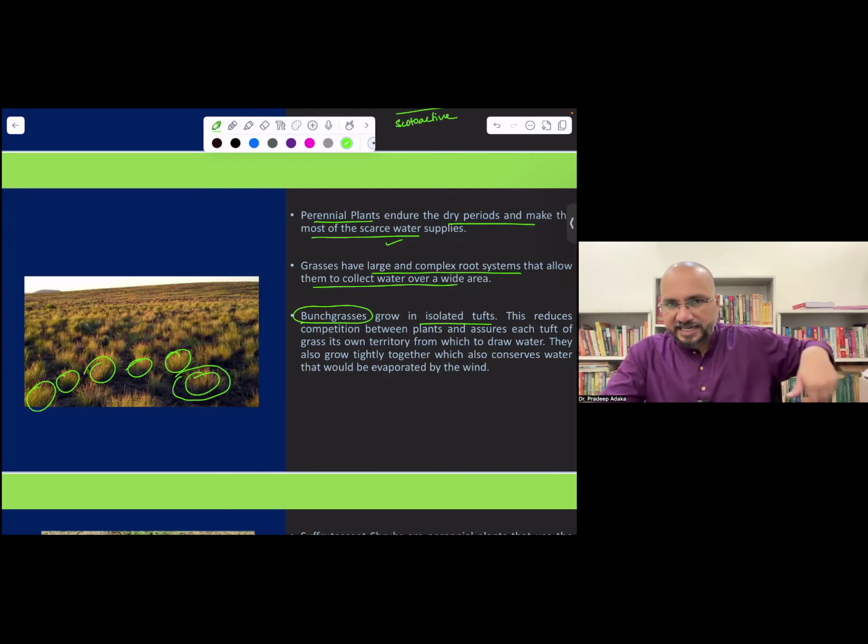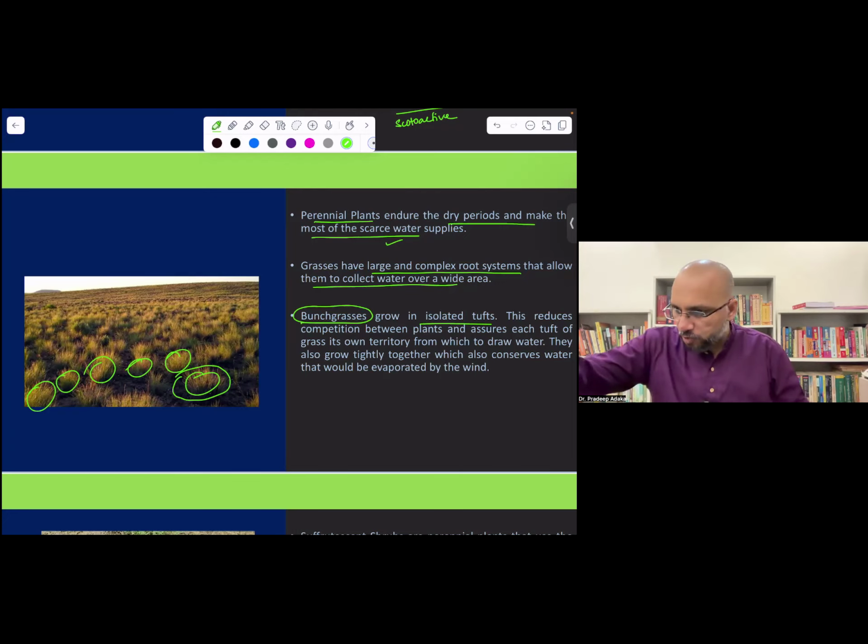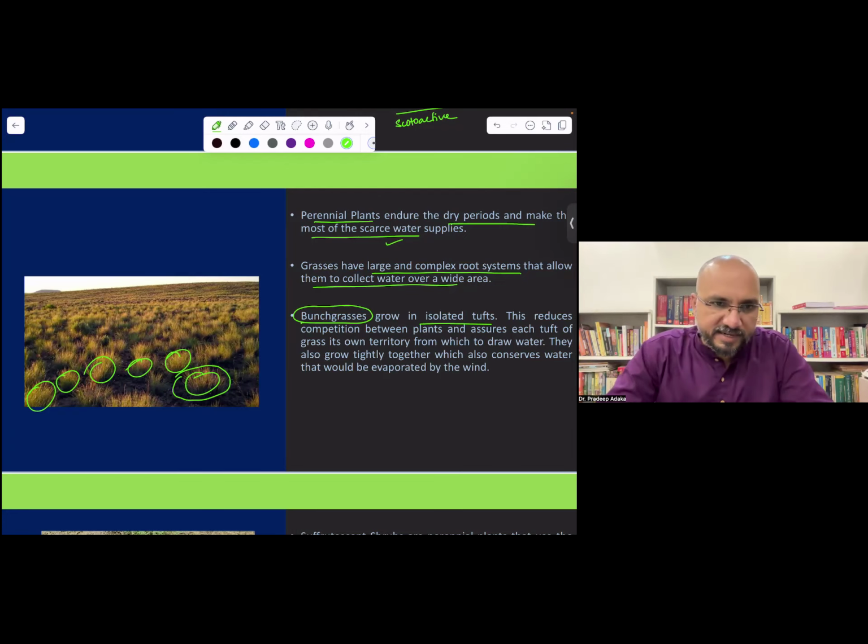They will grow within that territory and absorb the resources from that territory only. Other group has their demarcated territory. Got it? So bunch grasses, they grow in isolated tufts. So this reduces competition between the plants and assures each tuft has its own territory from which they can draw the water. So there is no competition between each group.